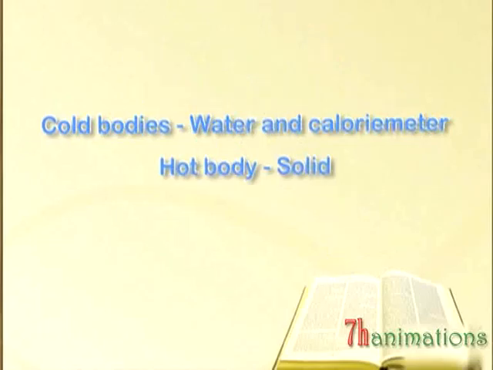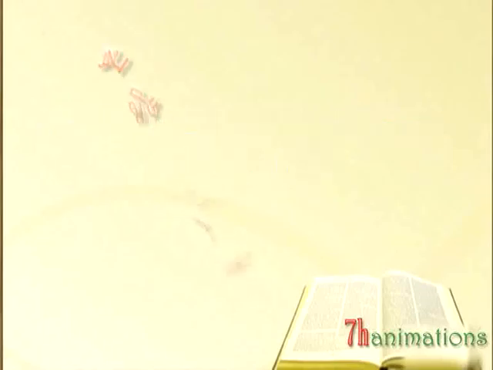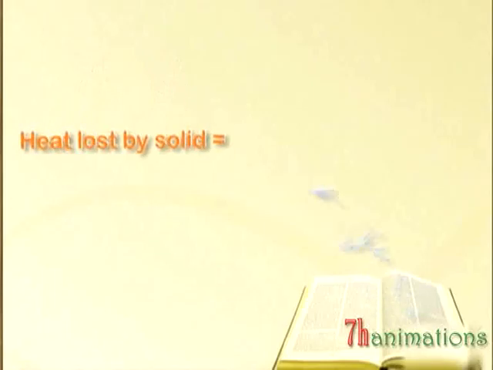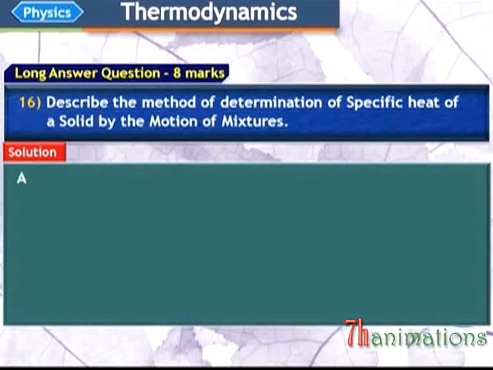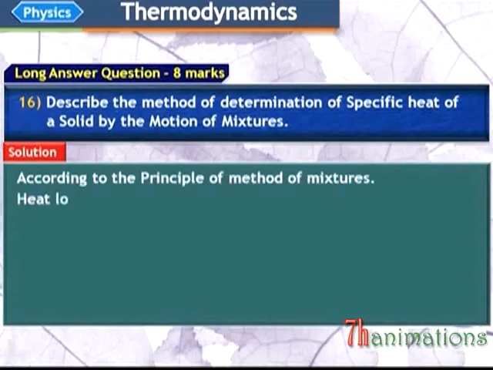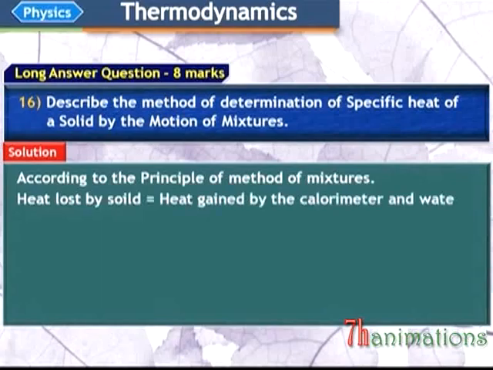Therefore, using the principle of method of mixtures, solid is losing the heat, water and calorimeter are gaining the heat. Heat lost by the solid is equivalent to heat gained by water and calorimeter. According to the principle of method of mixtures, heat lost by the solid equals heat gained by the calorimeter and water.